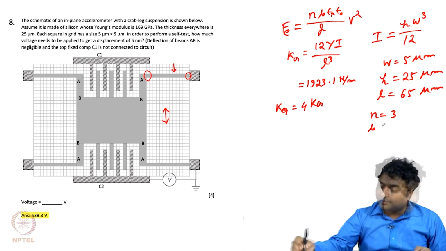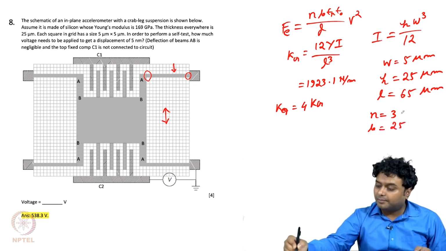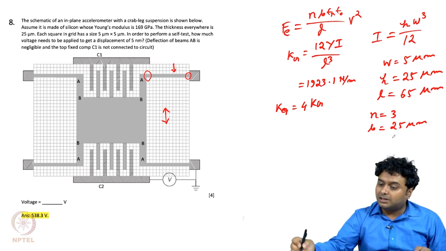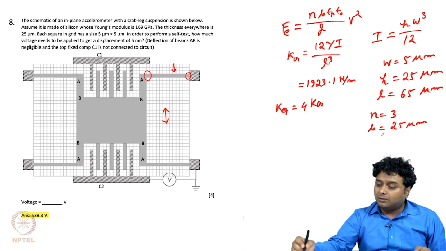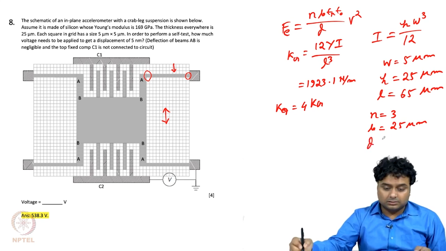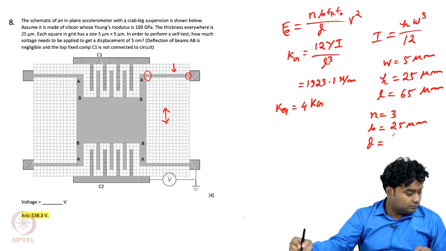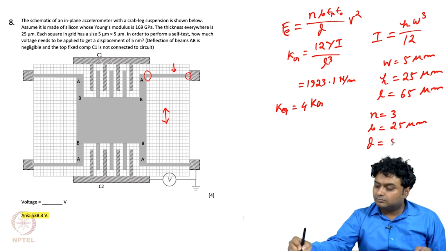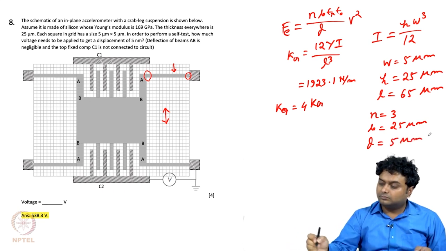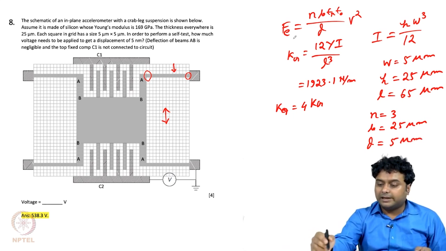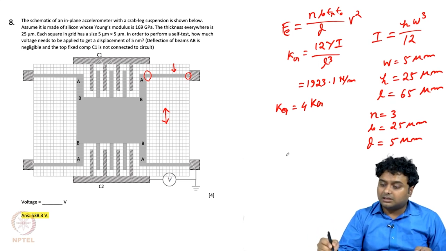So B is 25 micrometer, epsilon r is 1, epsilon naught you know, right, 8.85 into 10 to the minus 12, and D is the gap between the comb, and that is also 5 micron. So 5 micron. Now you will get this expression, right.